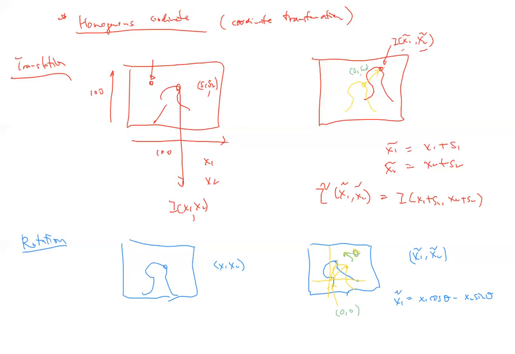And x2 tilde is equal to x1 sine theta plus x2 cosine theta.